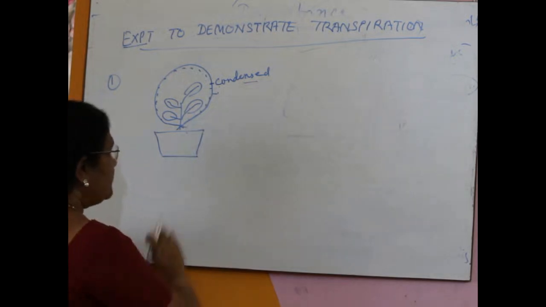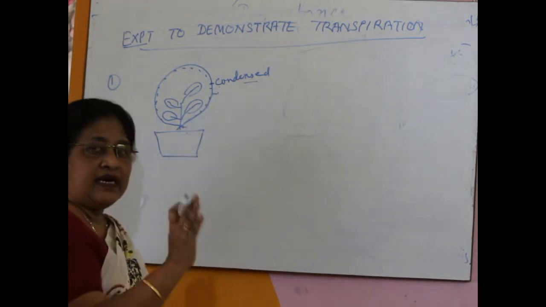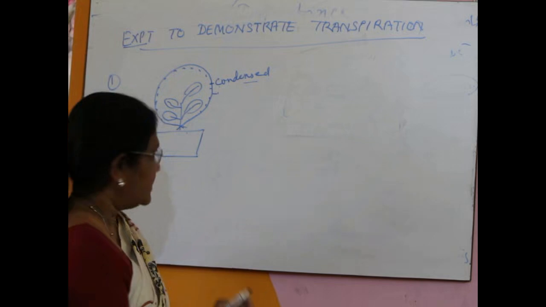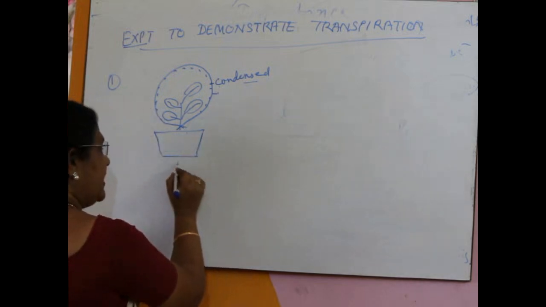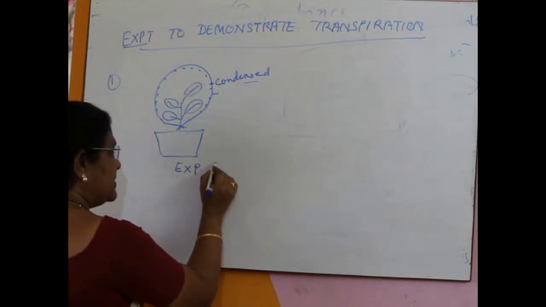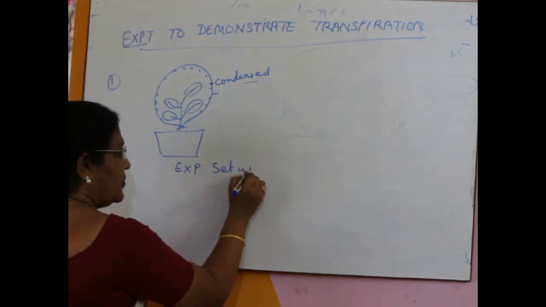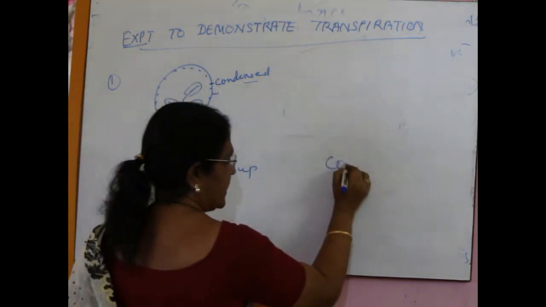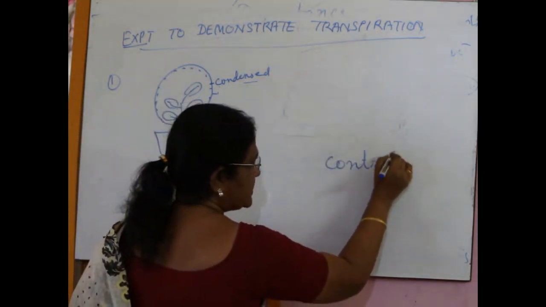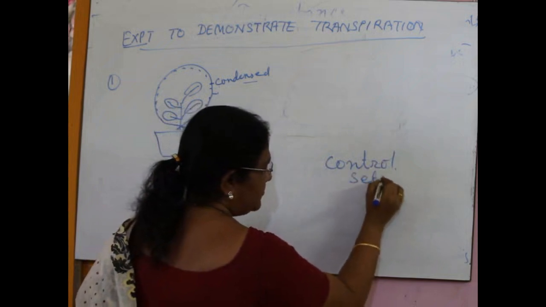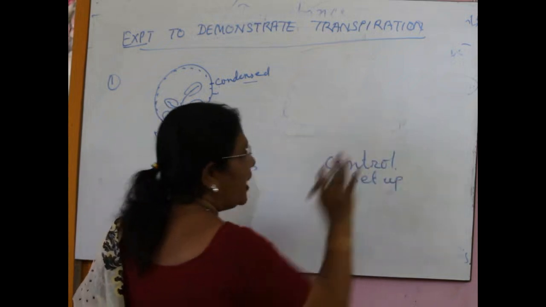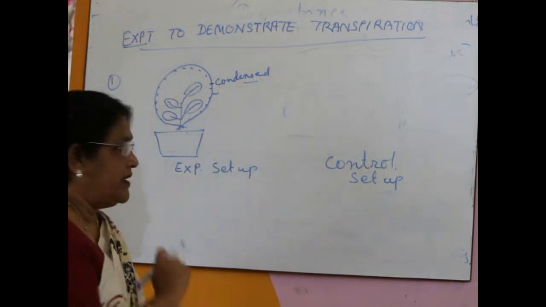Am I clear? Always, as we have learnt in the previous lessons, we can take this as an experimental setup. We must have a control setup. In a control setup, one of the factors is deliberately removed.